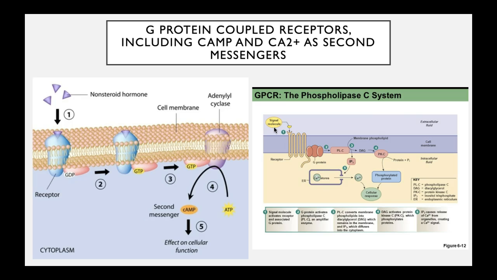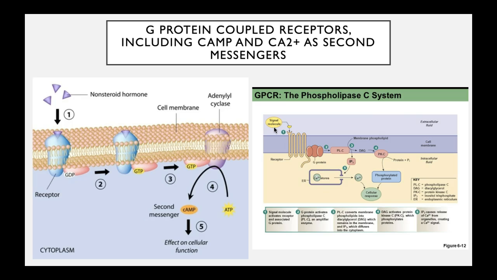So that's what DAG does. To clarify, DAG is in the membrane, it activates protein kinases, and phosphorylates these targets, even specific target proteins, including these calcium channels, that will allow calcium to come inside the cell.